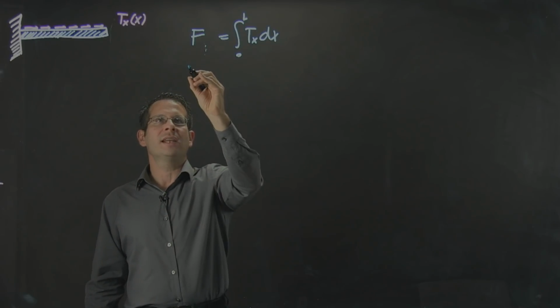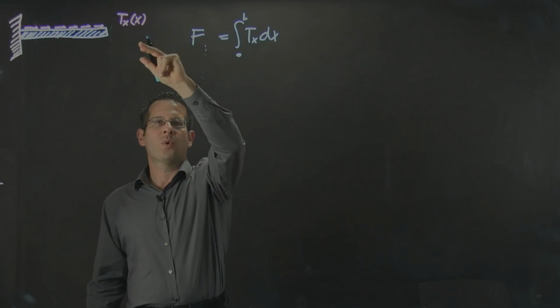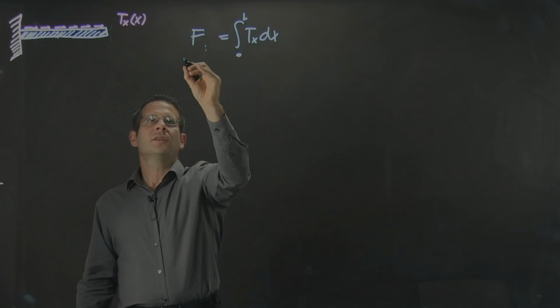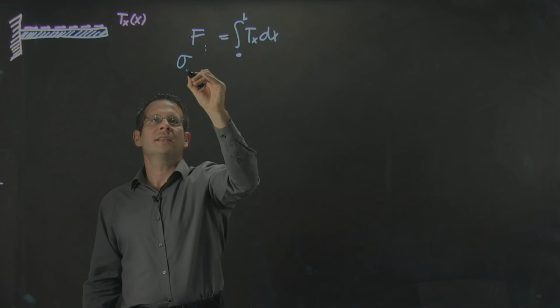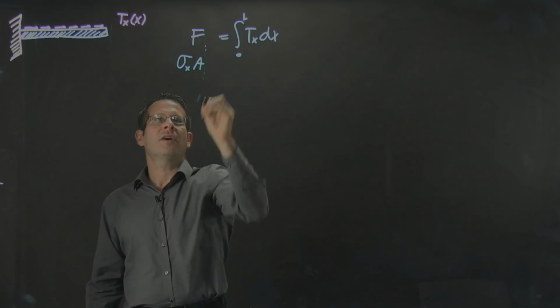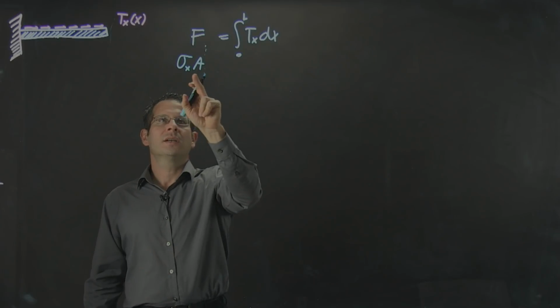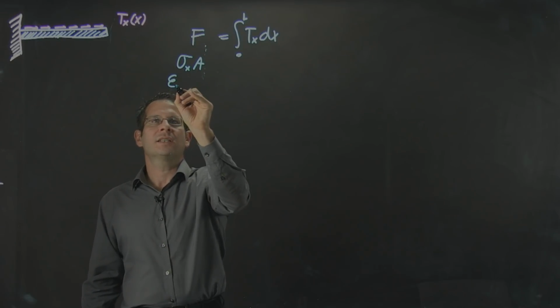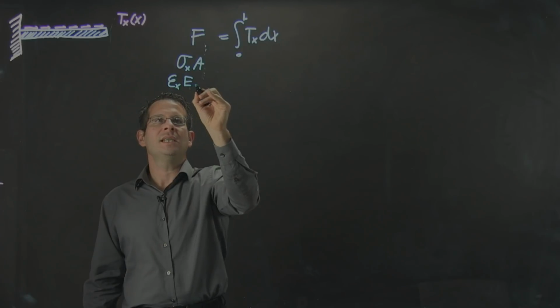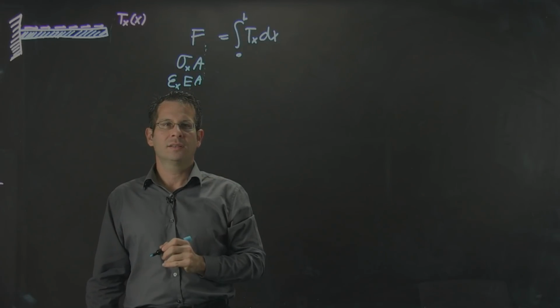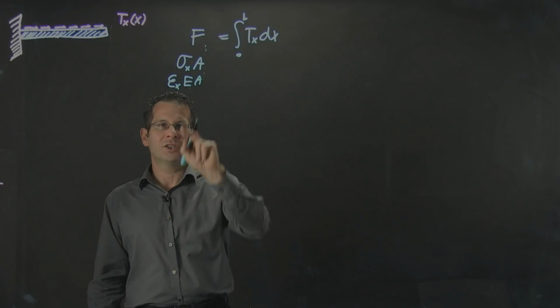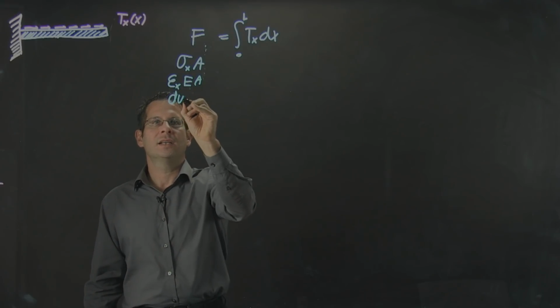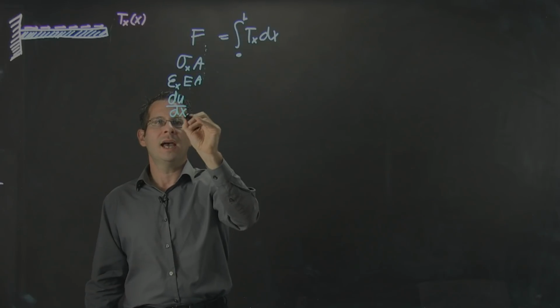Now, I could equally write that force as, remember, force is the stress times area. And of course, the stress is just the strain times E, times the area. And of course, we defined strain earlier as du dx.